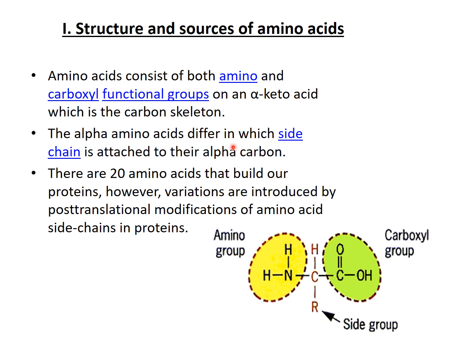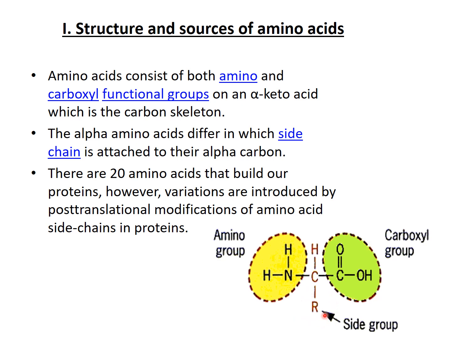Sources of amino acids and the basic structure. Now, of course, everybody knows that amino acids contain an amino group and a carboxyl group and a so-called side chain or side group bound to the alpha carbon. The chemical nature of the amino acid is determined by the nature of the side group.